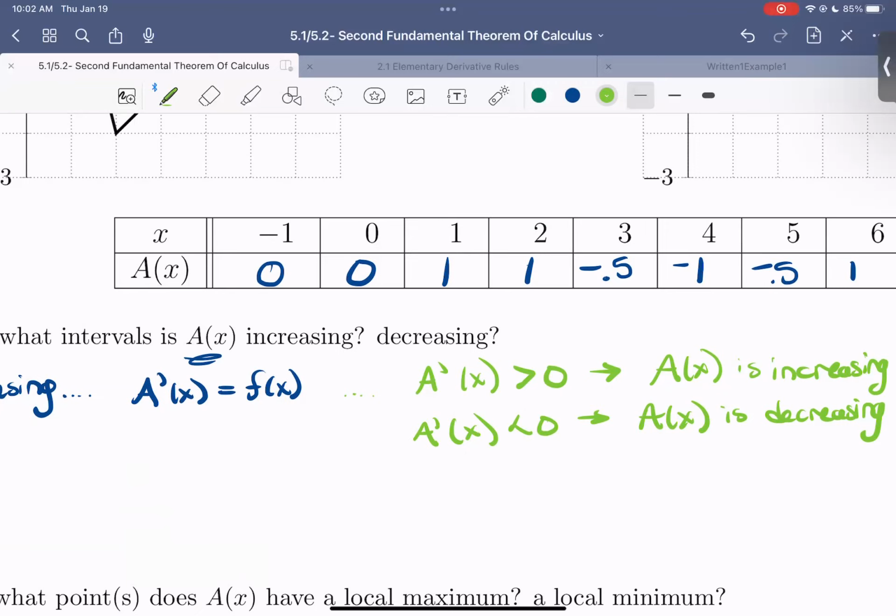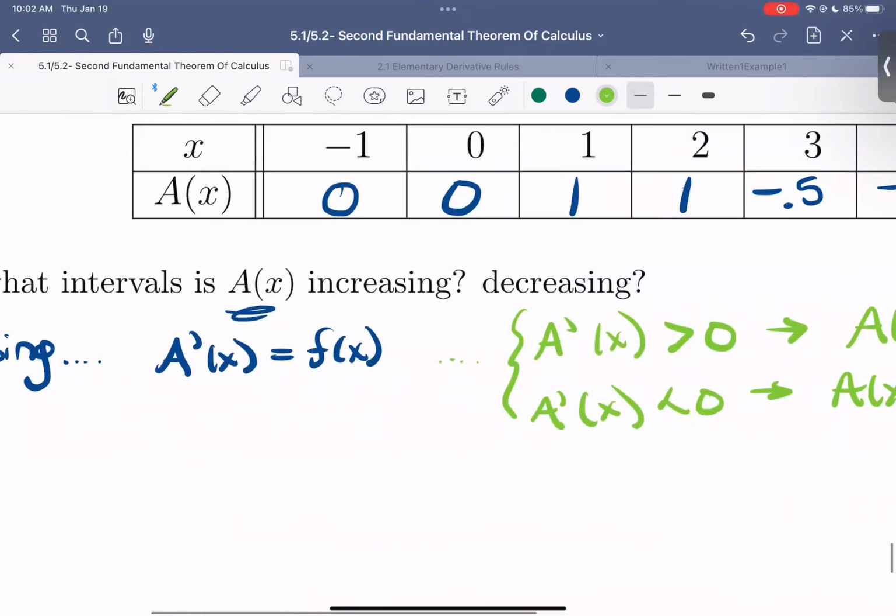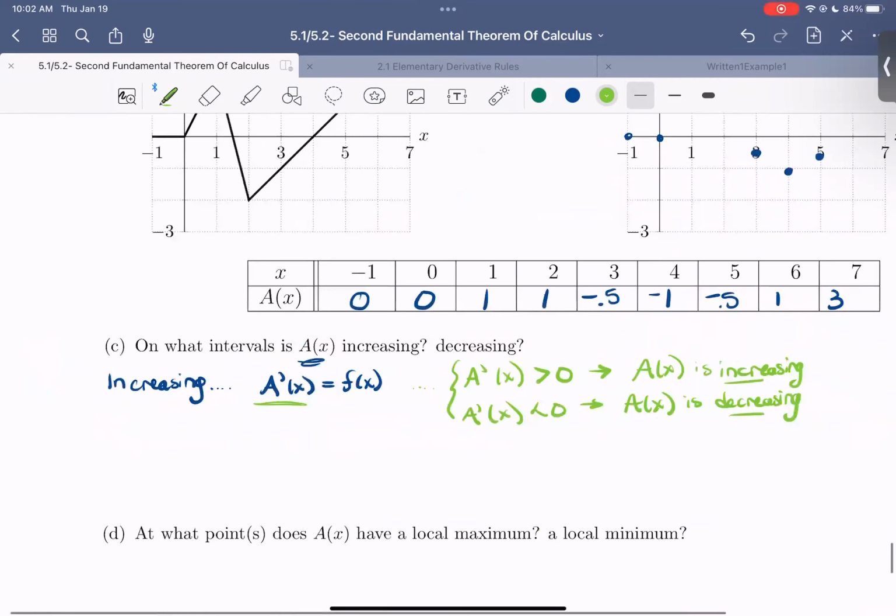It's maybe been a while, so it's okay to review it and think it through here. But the sign of the derivative tells us about the behavior of the original function. So because a prime, the derivative of a, is equal to f, we can learn about if our function is increasing or decreasing based on the sign of f.